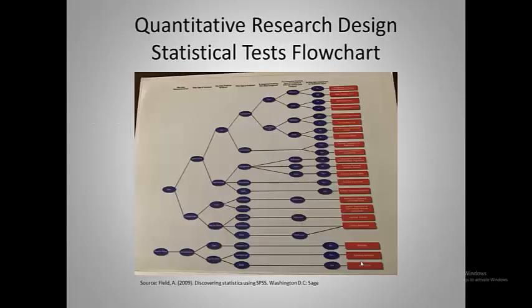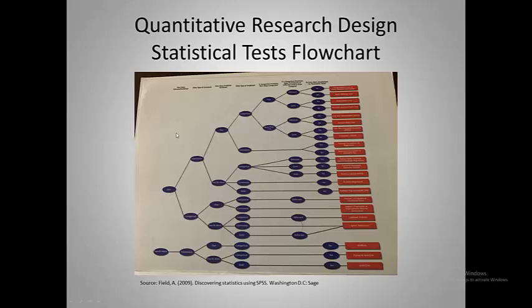Okay, so I am sharing this flowchart that I used from Dr. Field's book, Discovering Statistics Using SPSS, 2009, and it is entitled Quantitative Research Design Statistical Tests Flowchart. As you go through this flowchart, you answer each question.